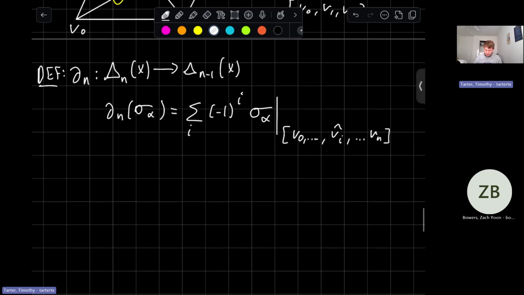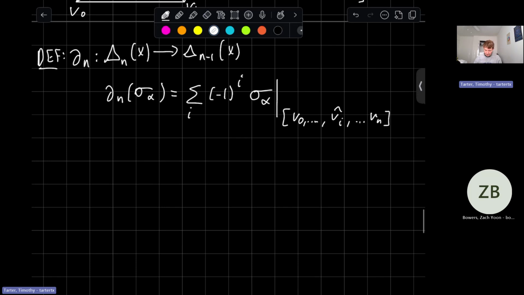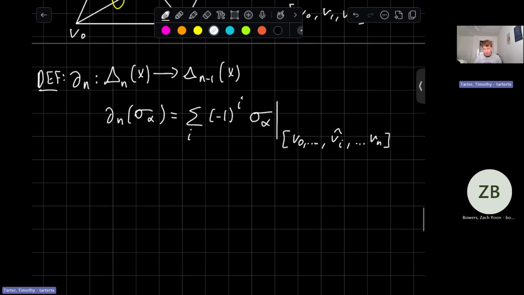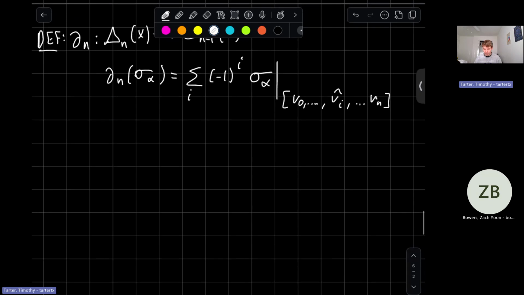Notice that the right-hand side of this equation does indeed lie in delta n minus 1 of X, since each restriction is the characteristic map of an n minus 1 simplex of X.